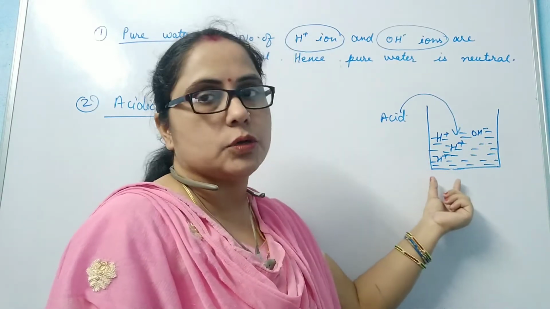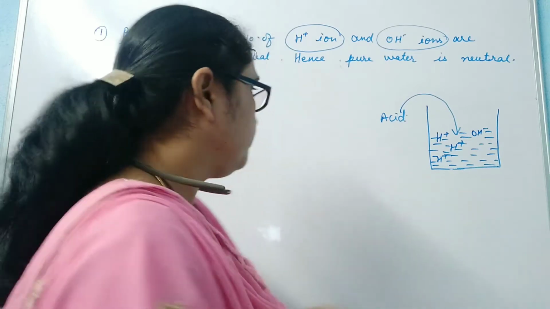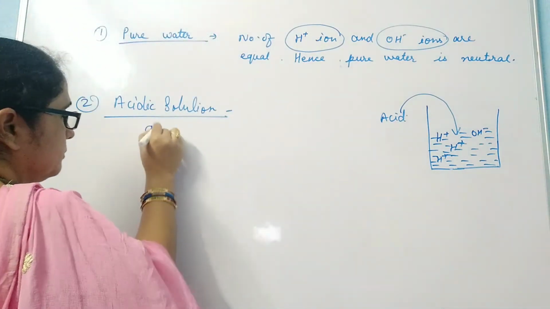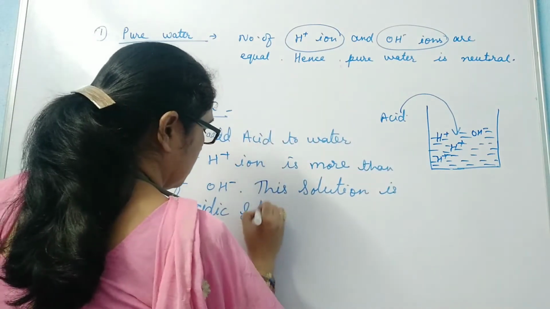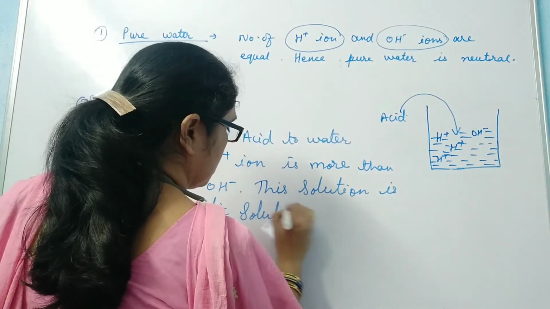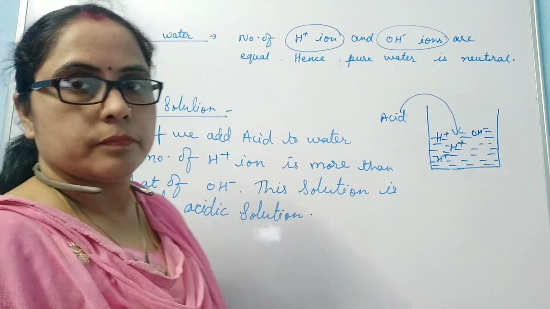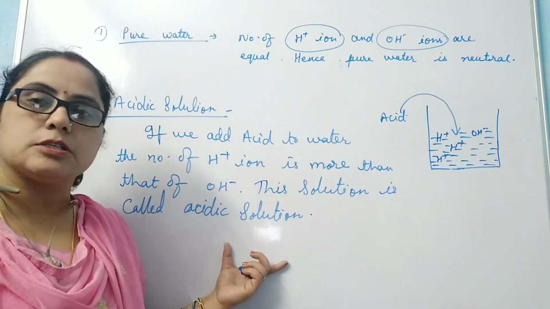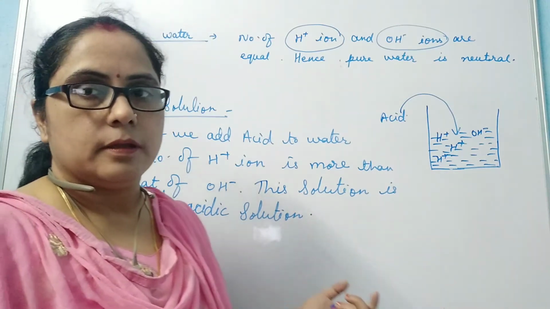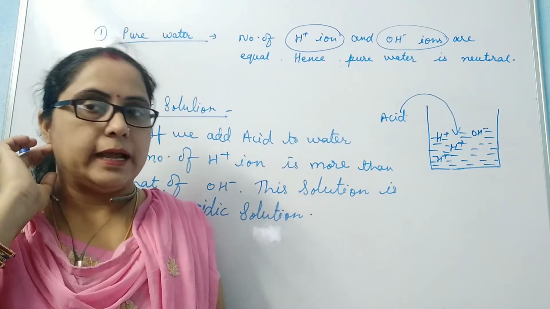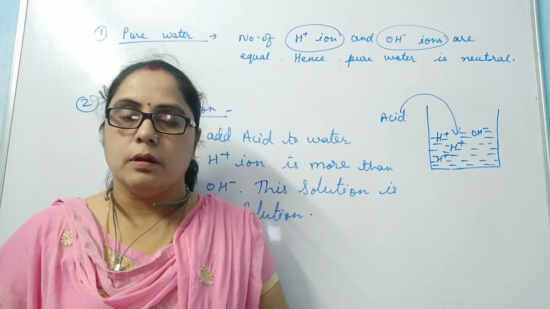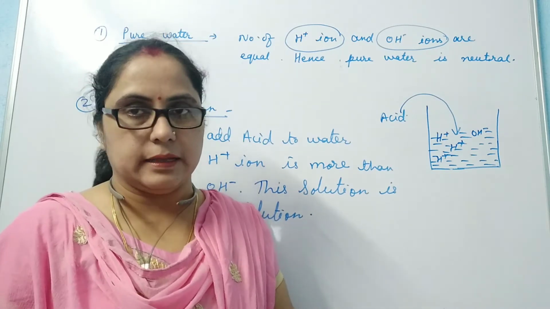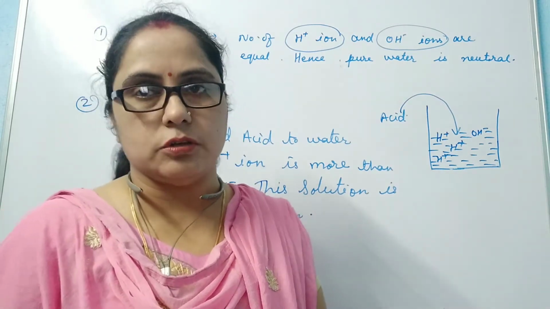This type of solution is called acidic solution. It means we conclude that in the acidic solution, the number of H plus ion is more as compared to the OH minus ion. Now we will take basic solution.